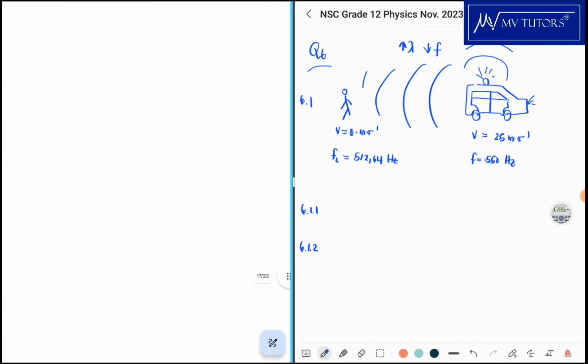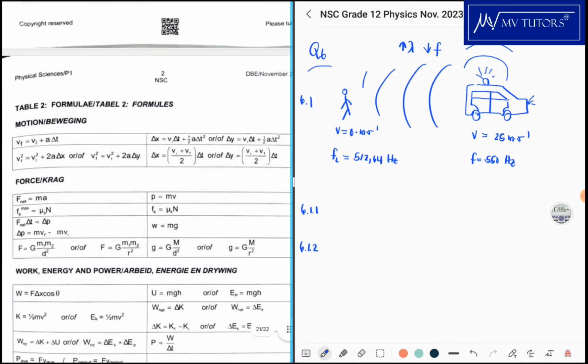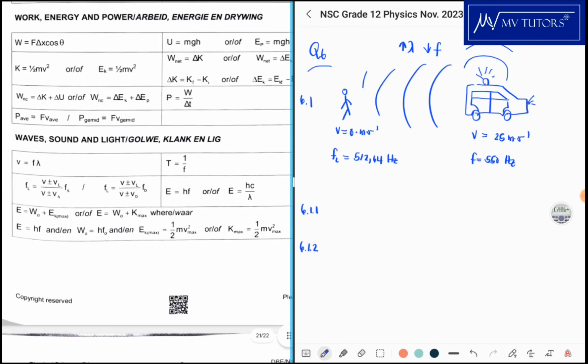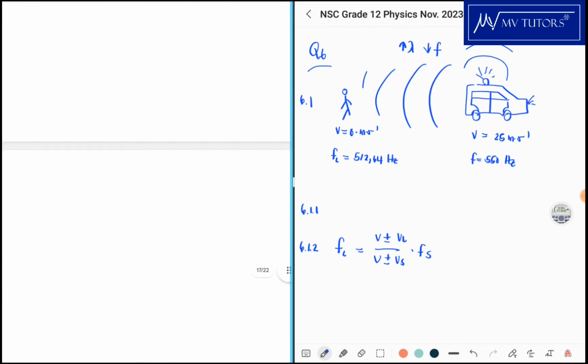Now 6.1.2, it says use the given information to calculate the speed of sound in air. So what is the formula for the Doppler effect? We have the frequency of the listener equal to the velocity in air plus or minus the velocity of the listener, and in the denominator, plus or minus the velocity of the source, times the frequency of the source.